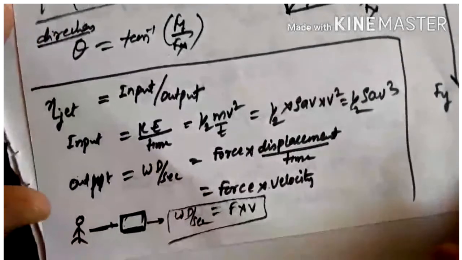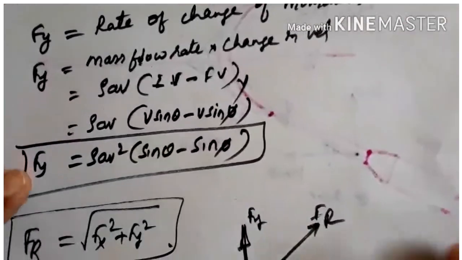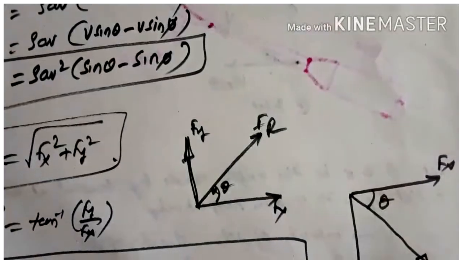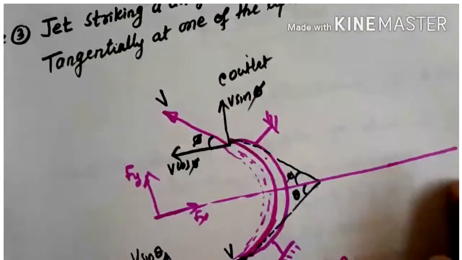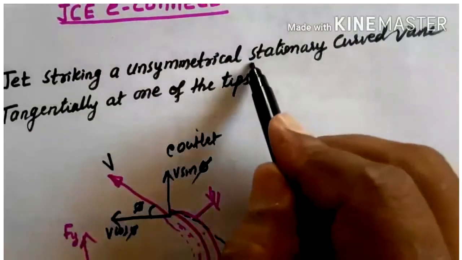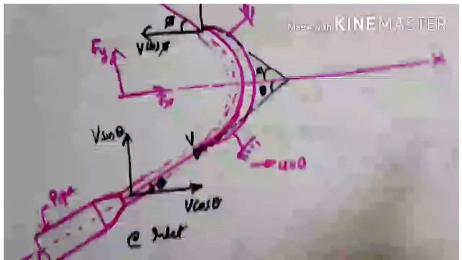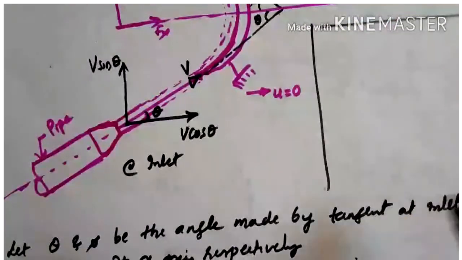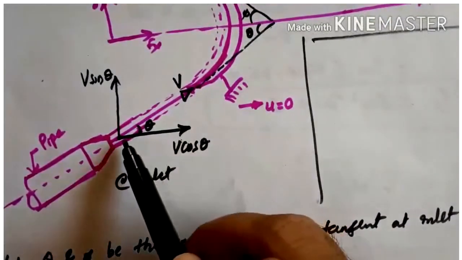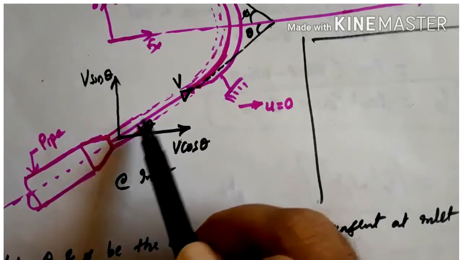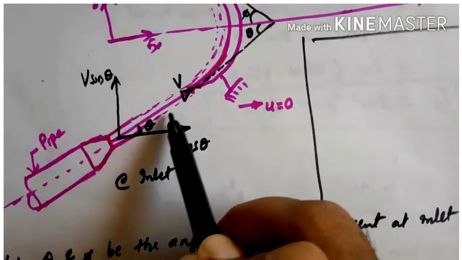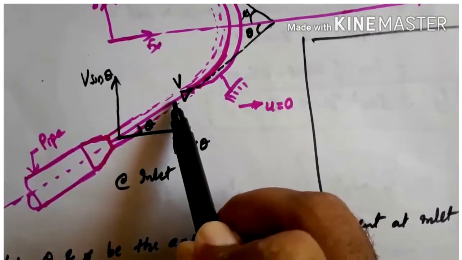But in all the cases we have taken so far, they are all stationary cases, the stationary curved vane. So let us calculate the efficiency in these cases. The jet is coming out with a certain velocity, and the input we are giving is the kinetic energy of the jet.